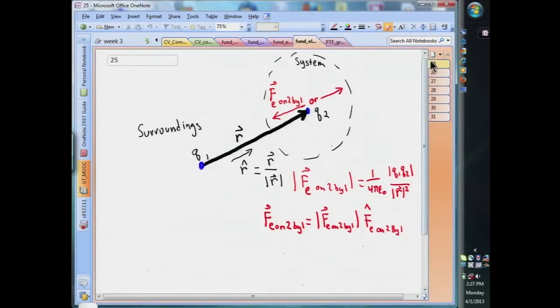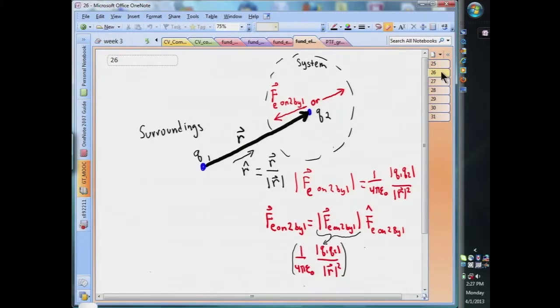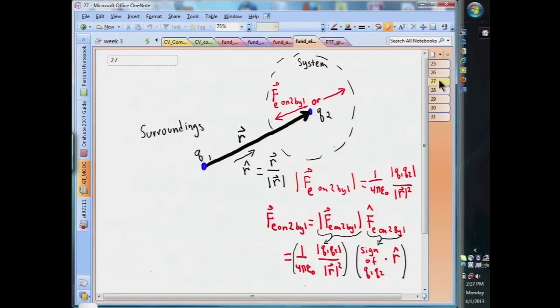Now we can write down an expression for the full vector electric force as the product of the magnitude and the direction. The magnitude we discussed completely, but the direction requires a bit more explanation since, as we mentioned earlier, the system could be attracted to or repelled by the object in the surroundings. The direction of the force is determined by r hat multiplied by the sign of the product of the charges.